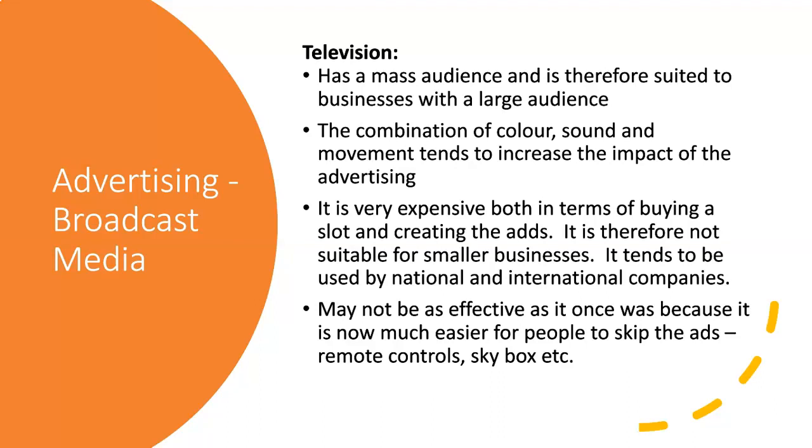It is therefore not suitable for smaller businesses. It tends to be used by national and international companies. It may not be as effective as it once was because it is now much easier for people to skip the ads, with remote controls and Sky boxes. So that's advertising for broadcast media. Let's go to the next slide.